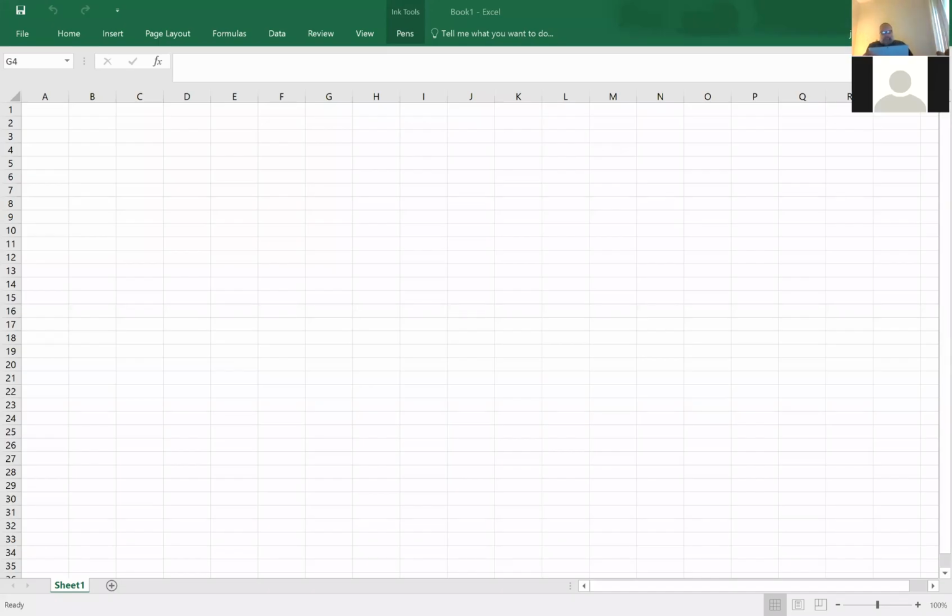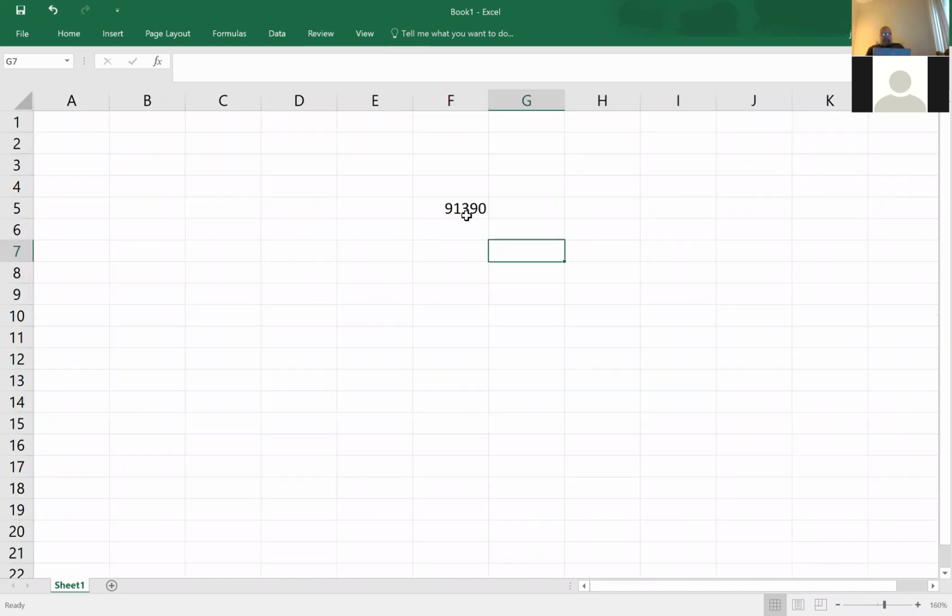All right, so let's find that denominator just for fun, shall we? In Excel or Google Sheets, it works the same way: equals combin. You have 40 of them, and you're going to choose 4 of them. Sorry, kind of small writing. Let me make that bigger. So equals combin 40, comma 4.